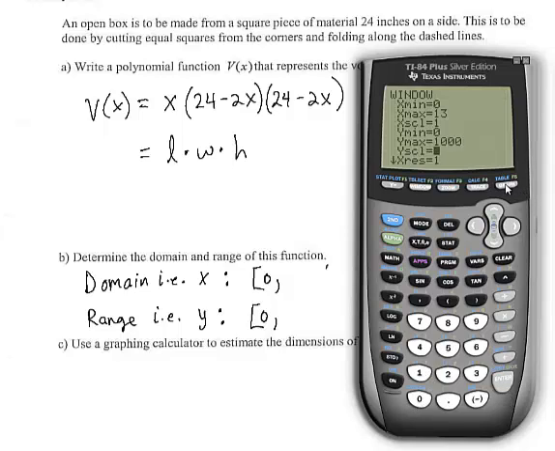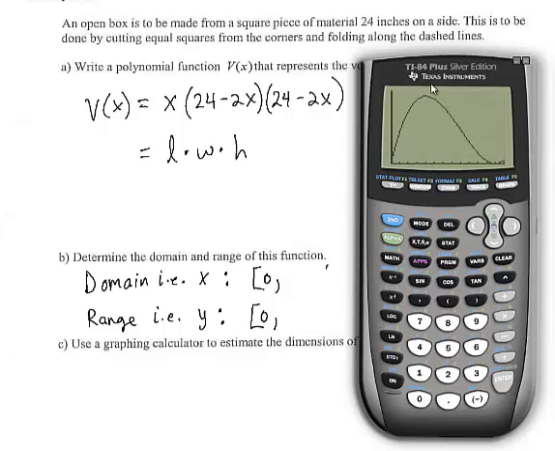Probably way too big, but at least we know we'll see the top of the curve. And there's actually a piece cut off at the top, so we need to go a little bit further than 1,000. I will go to 1,100, enter, graph, and there we see our maximum of our volume function.